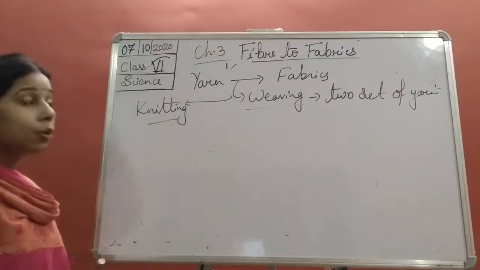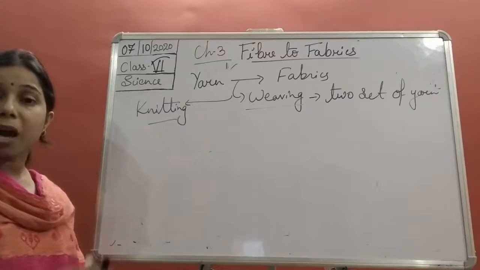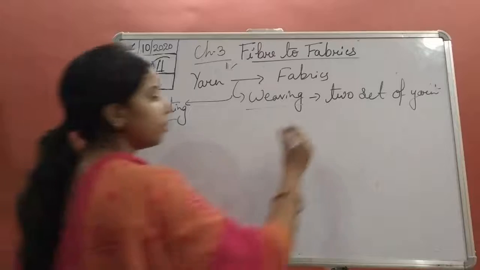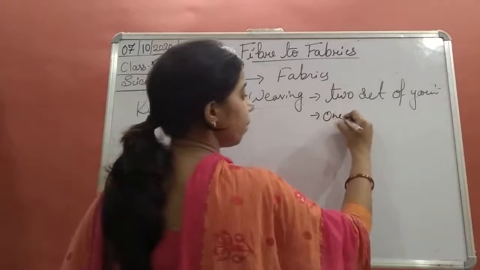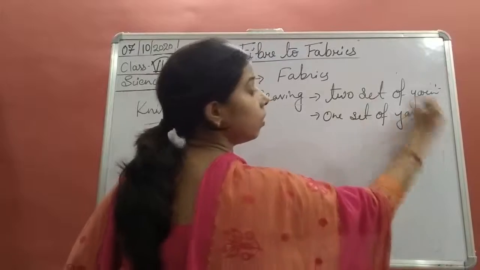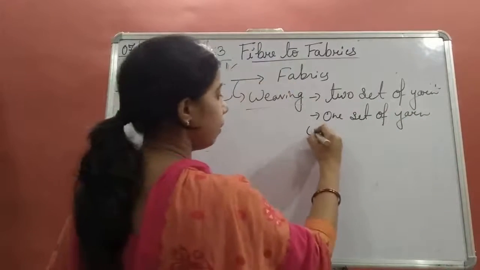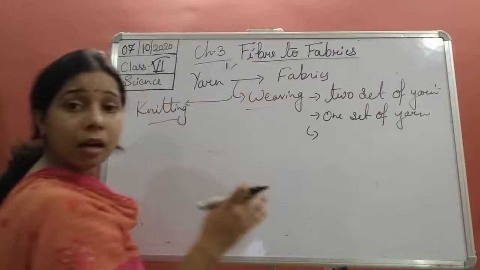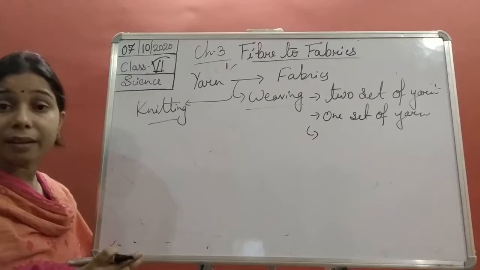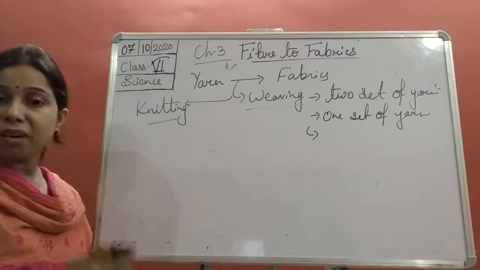These two sets of yarn are placed perpendicular to each other. It means one set of yarn is there, students, and then over it, the other set of yarn will be kept at a right angle to the first set of yarn.